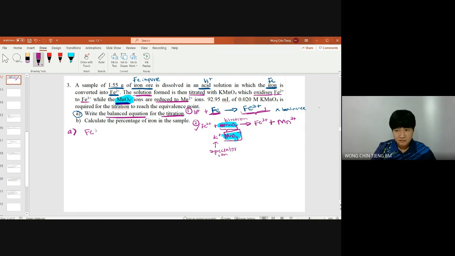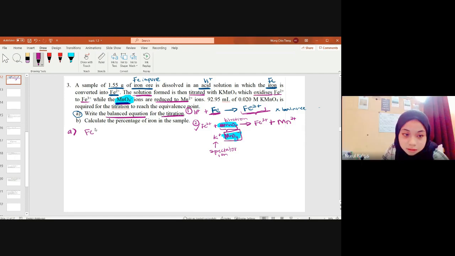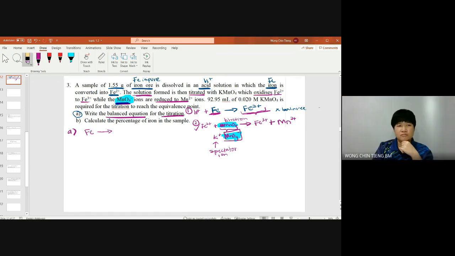Fe, anak panah. No. Saya nak first half equation sayang. Sebelum kamu gabung, dia akan ada 2 equation, betul? Saya nak 2 equation tu.